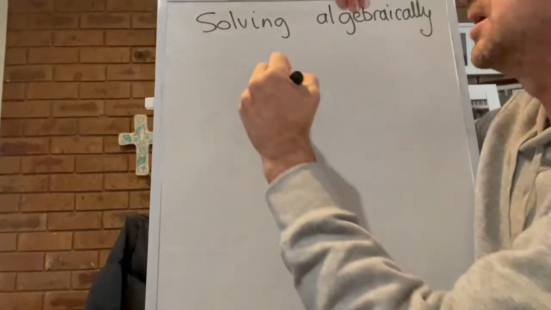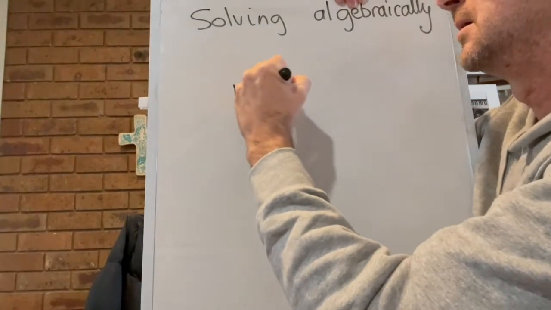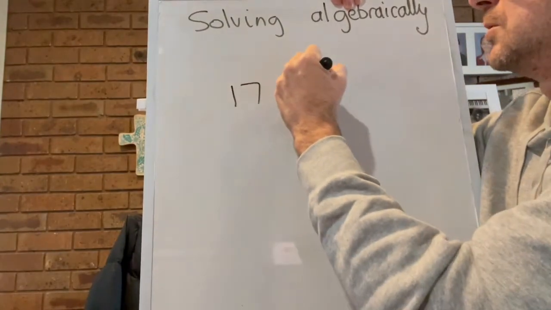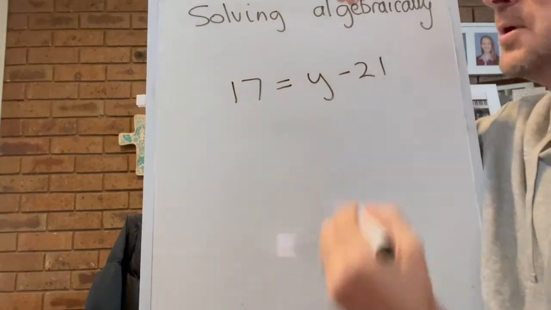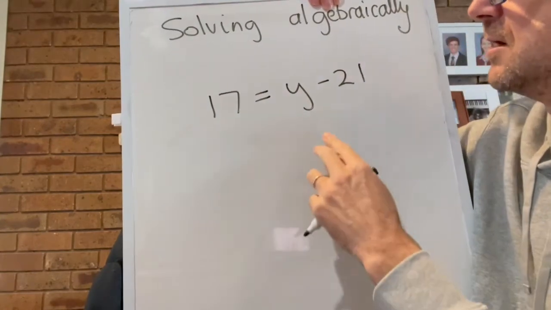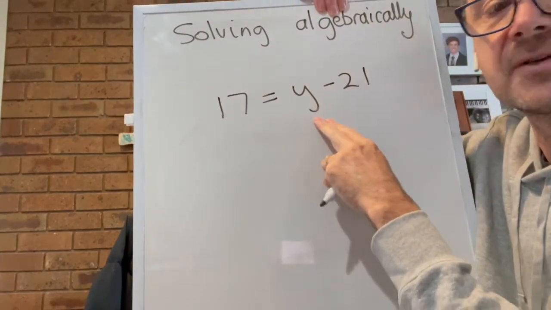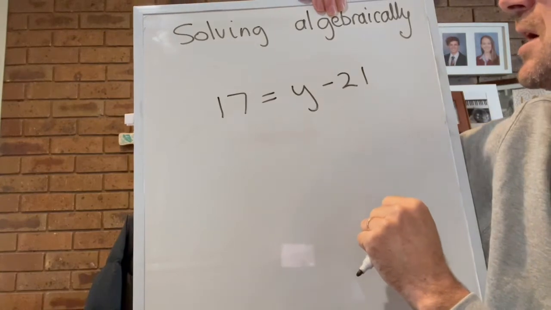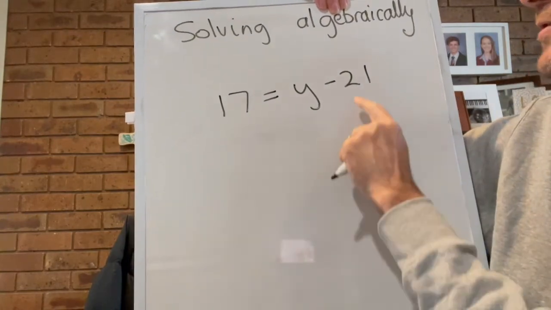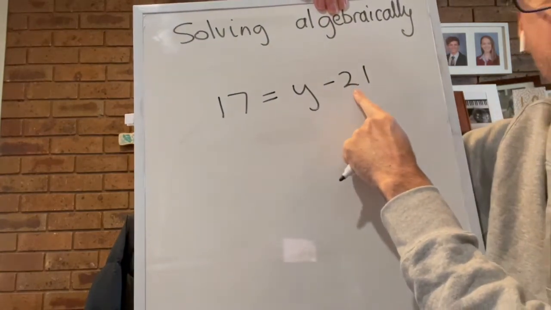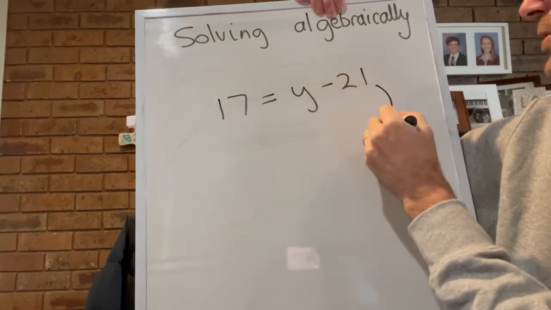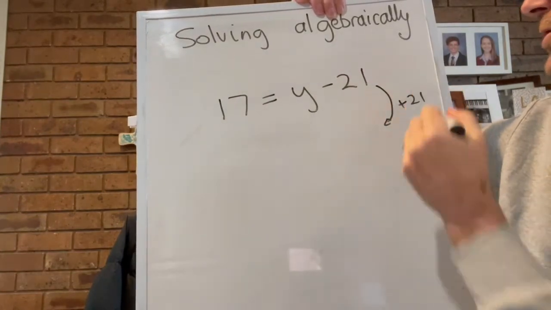Okay, then we have, so now we have the pronumeral on the right-hand side of our expression. So here we want to get rid of the negative 21. So we want to add 21.